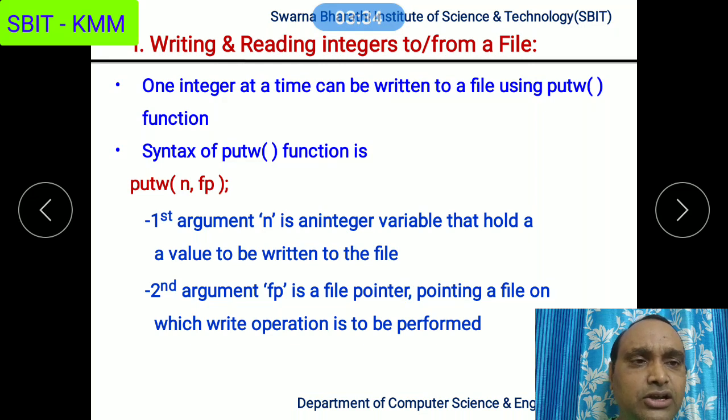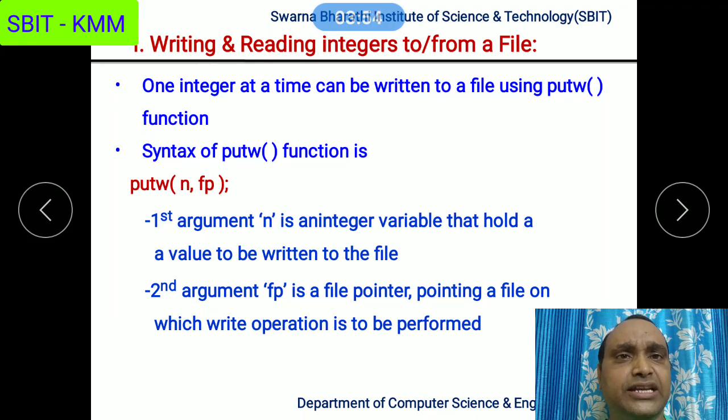For that, we have two functions supported from the C library, called the putw function and the getw function. The putw function is used to write only one integer value at a time to a specified file.